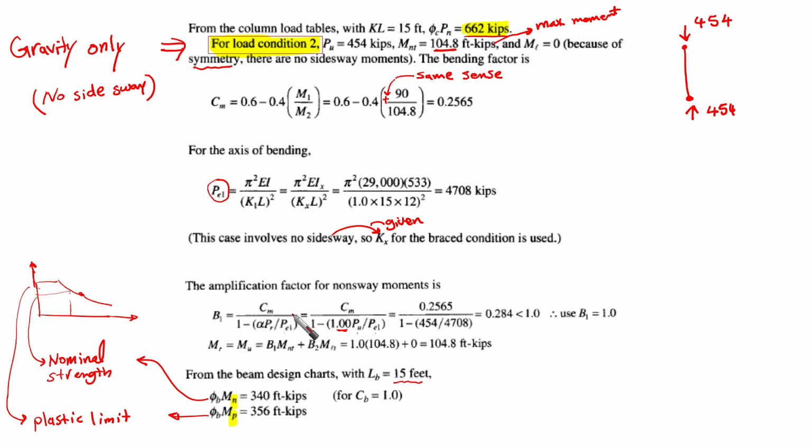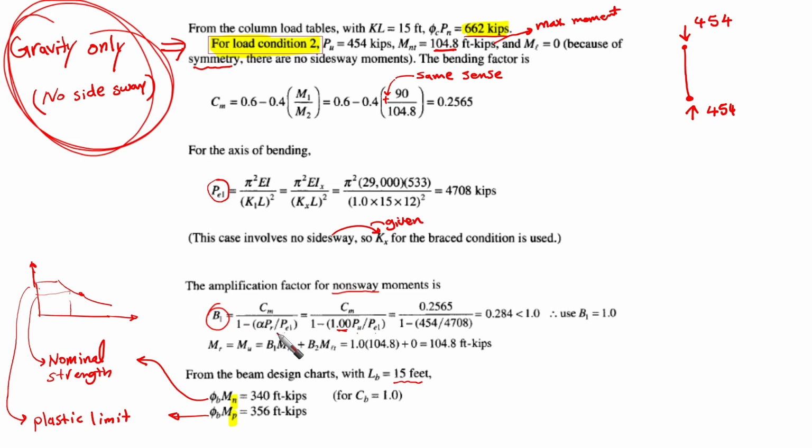The amplification factor for the non-sway, since we have no side sway. In this case, B1 is going to equal, this is the equation, the famous equation that we have used last time. Everything is known now, Cm. Alpha is going to be 1 because we are using LRFD. PR is going to be the ultimate load, which is 454.